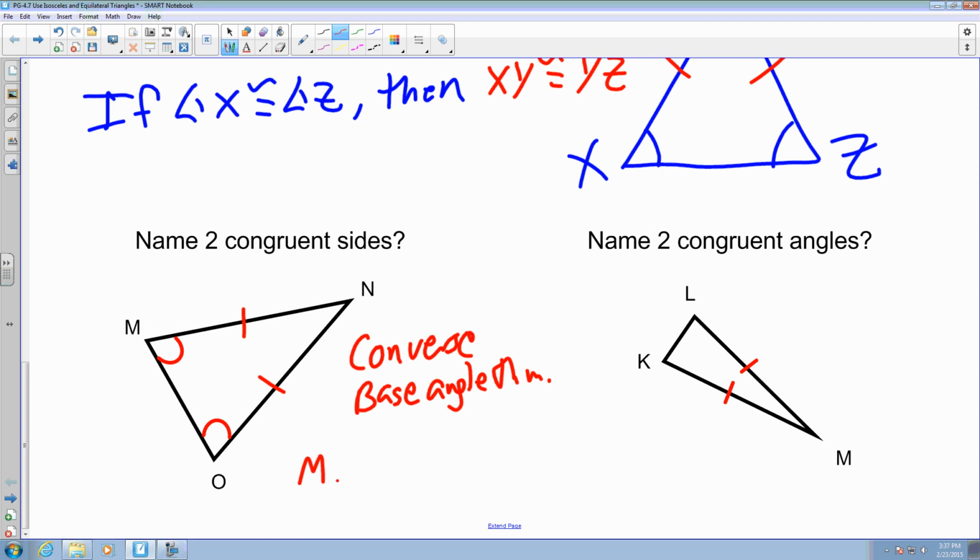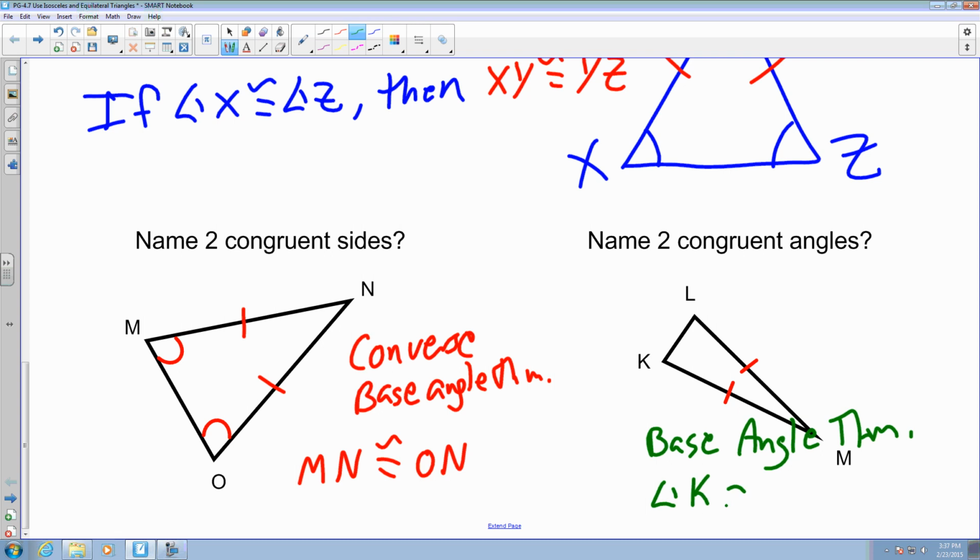So MN would be congruent to ON. And in the triangle on our right, they give us two congruent sides, and because of the base angle theorem, I know that angle K would be congruent to angle L. Okay?